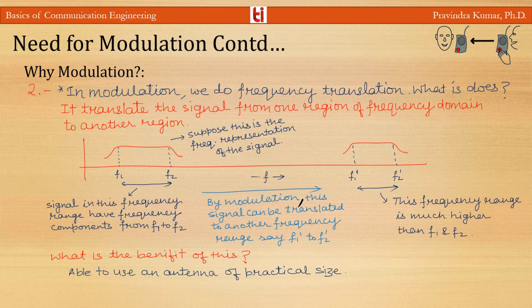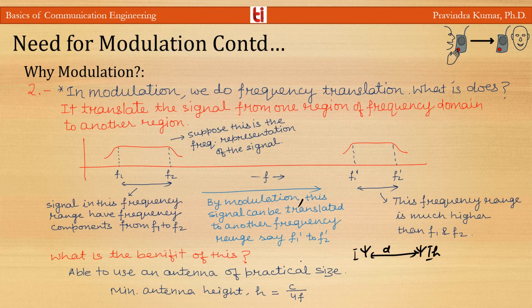Suppose that the distance between two antenna is d. So if you are using two antenna and distance between two antenna is d, and antenna height, it is h. So the minimum antenna height is equal to c by f, which is lambda, so it is lambda by 4.